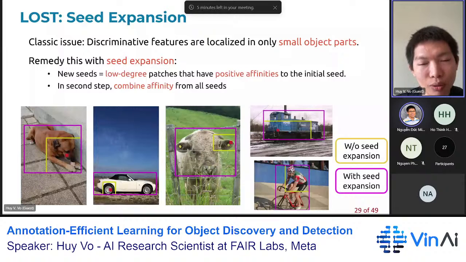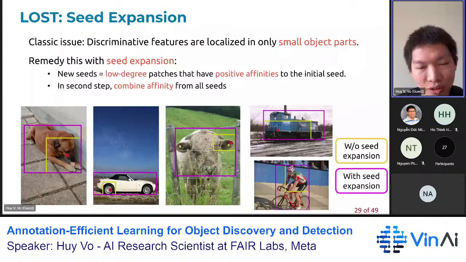In LOST, we only present one search method to find the seed. But if you have other methods that can find a patch that is likely to belong to an object, sure, then you can use that as the seed and run steps 2 and 3 to find the boxes. In our experiment, we haven't tried any other techniques for finding the seed. It's really interesting, and I'm really curious to know if there are other methods that work better.